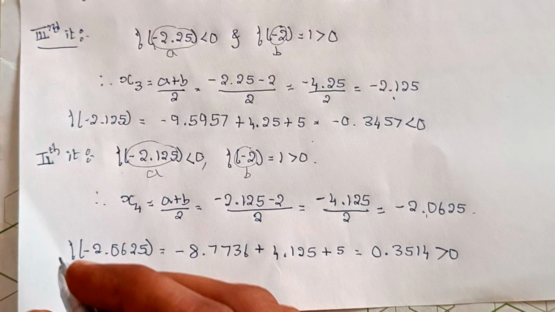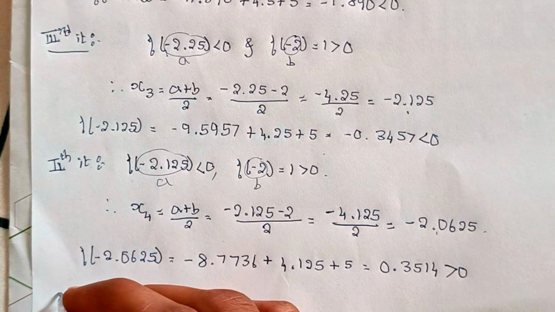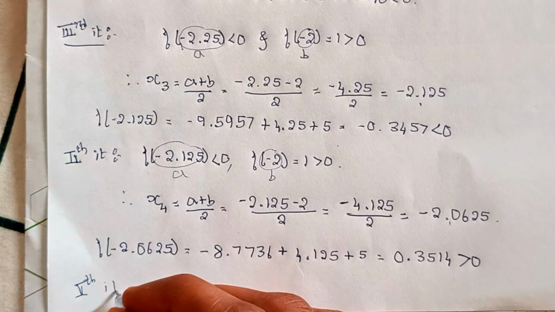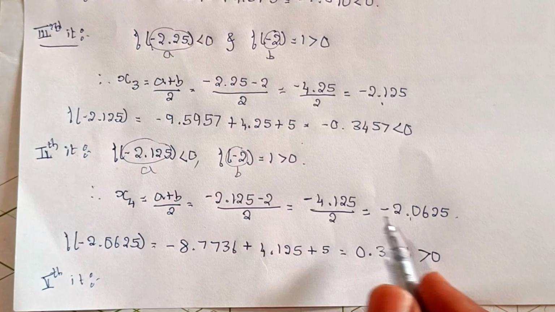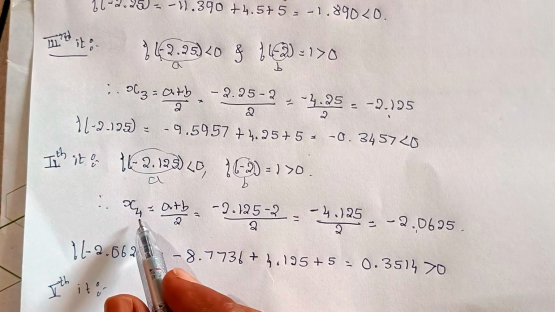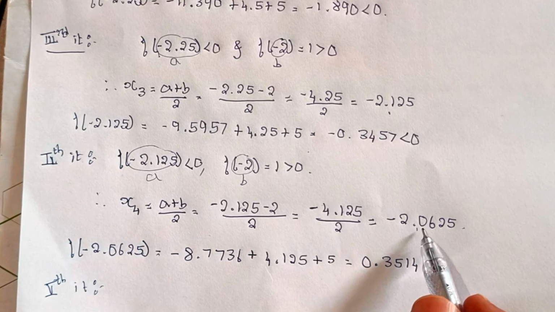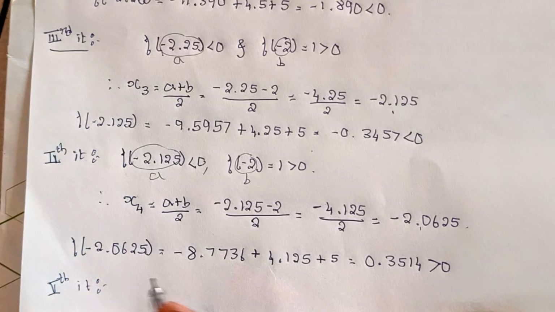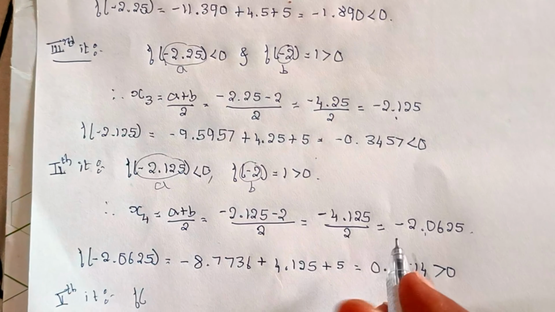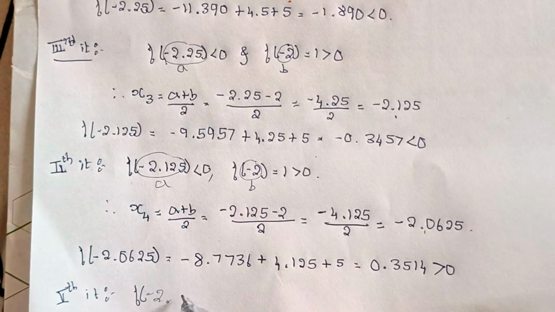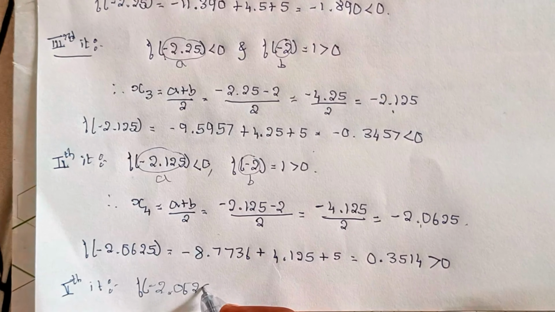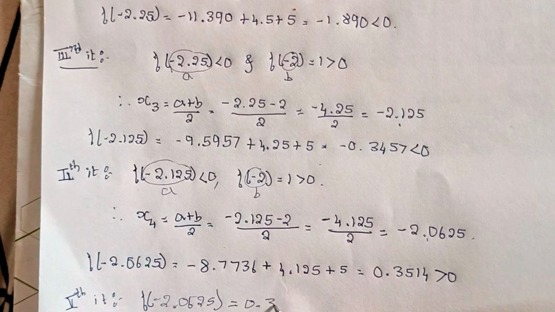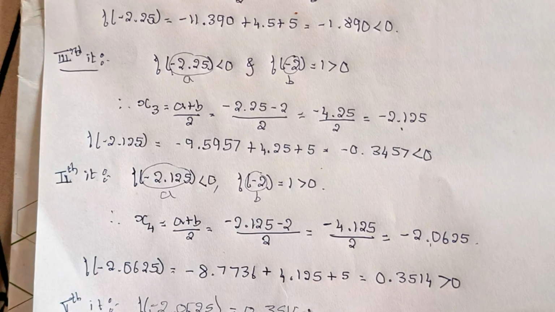Now look carefully at how to consider the a and b values. In the fifth iteration, what positive value do we get? f of x4 is nothing but f of -2.0625, that is equal to 0.3514, which is greater than 0.